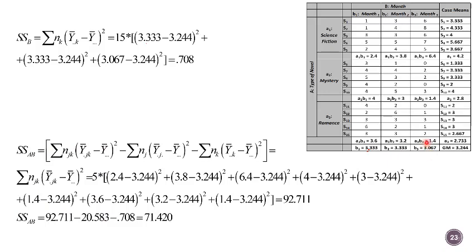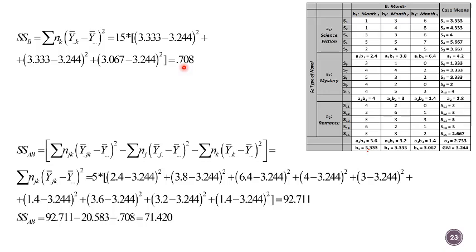That's where these numbers come from, all subtracting out the grand mean and weighting by 15 because there are 5, 10, 15 scores being averaged. And it ends up being this really small 0.708 number.